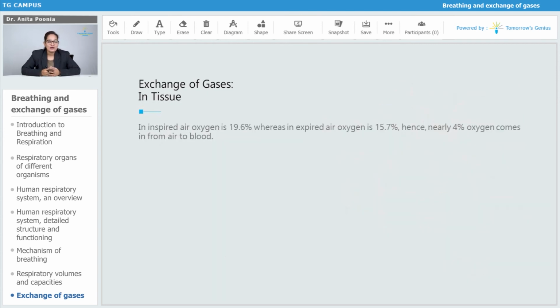In inspired air, oxygen is 19.6%, whereas in expired air, oxygen is 15.7%, and hence nearly 4% of the oxygen comes in from the air to the blood.